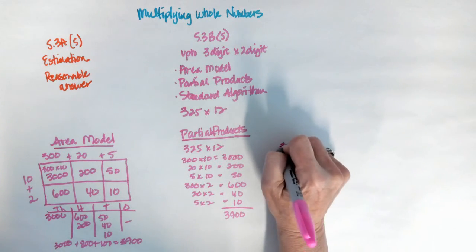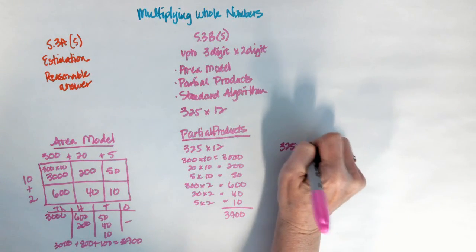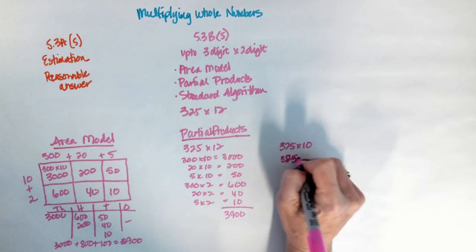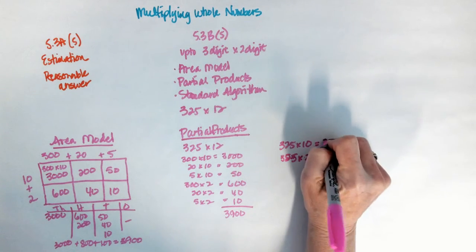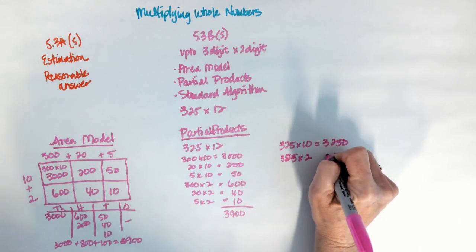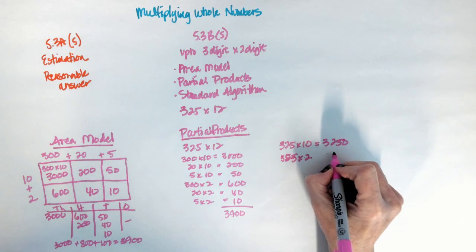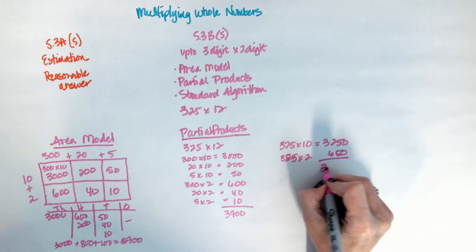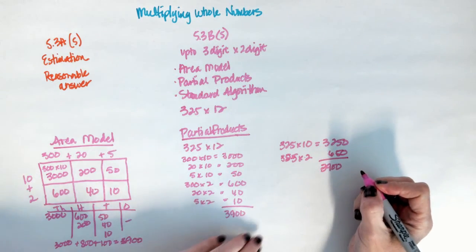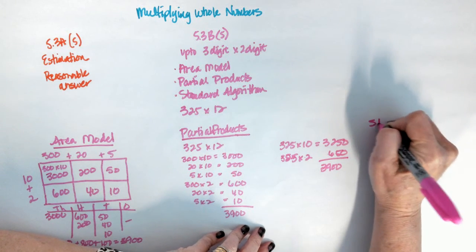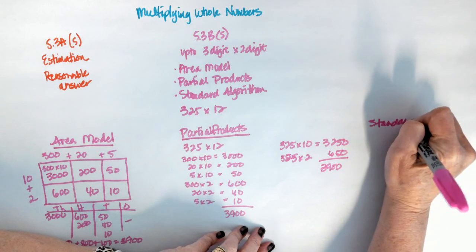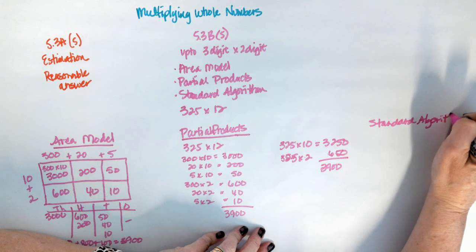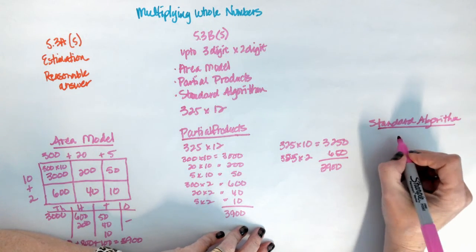I like to see kids get to the point that they're doing, I just wrote the number backwards, 325 times this. Because when you solve with the standard algorithm, it's a beautiful connection. It's perfect. And they're able to see why their answer is what it is.